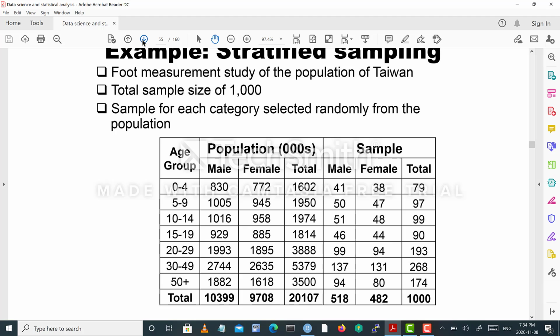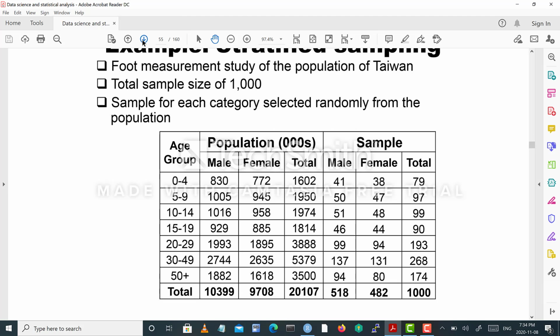And then we get the total of each sample, male and female. We got totals of 79, 97, 99, 90, 193, 268, 174, and this adds up to 1,000, the sample size.